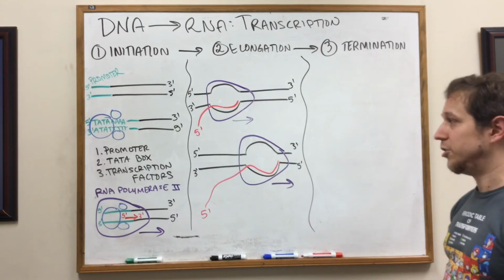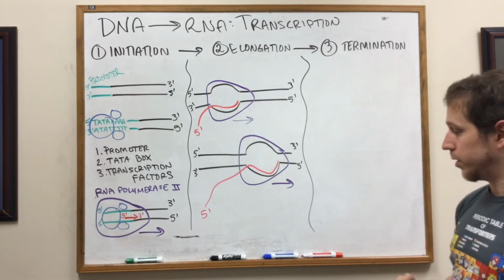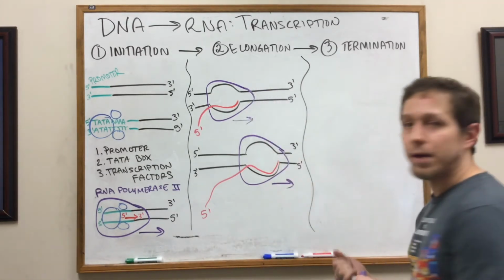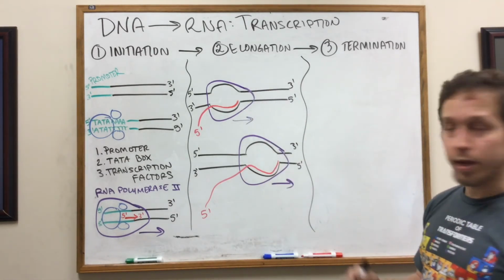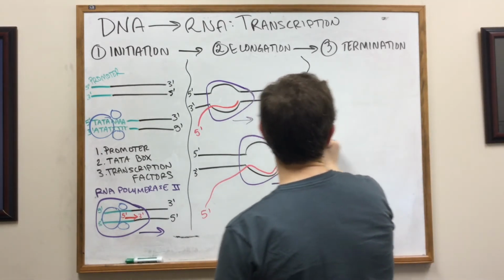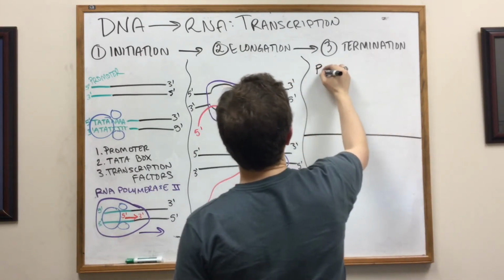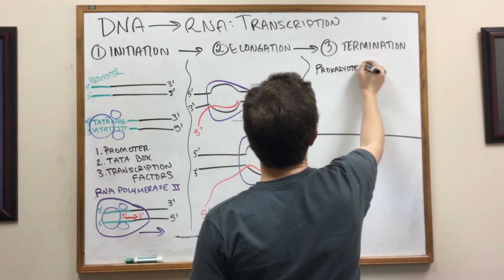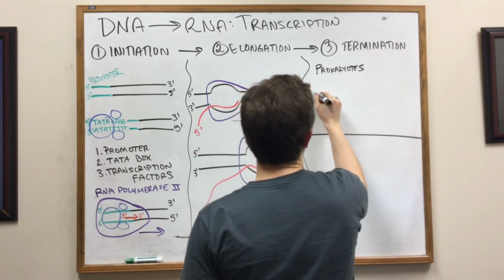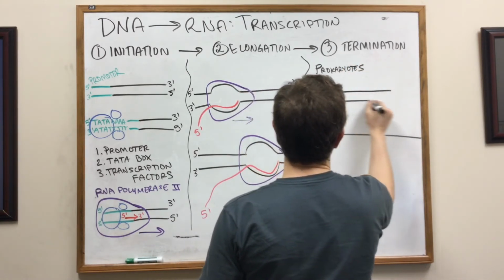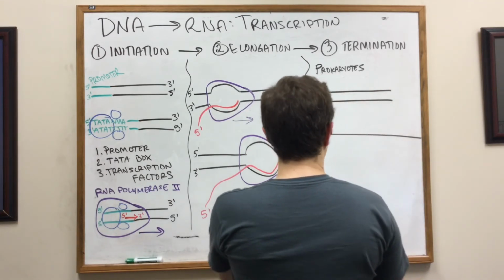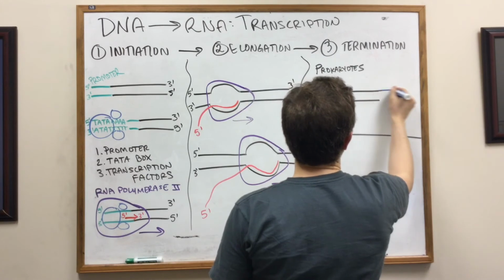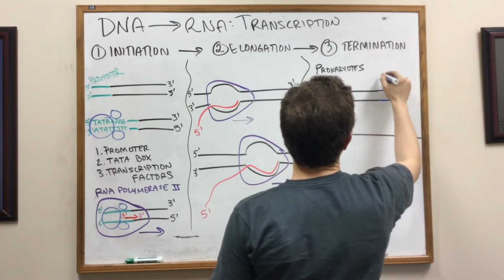So for termination of transcription, it's actually going to occur in one of two different ways, depending upon if we're in prokaryotes or eukaryotes. So in prokaryotes, we're going to have our piece of DNA, and on this DNA, we're going to have a distinct region called the terminator.